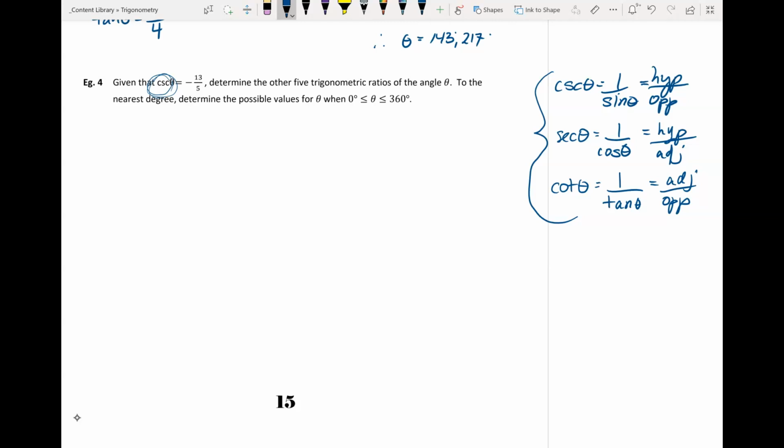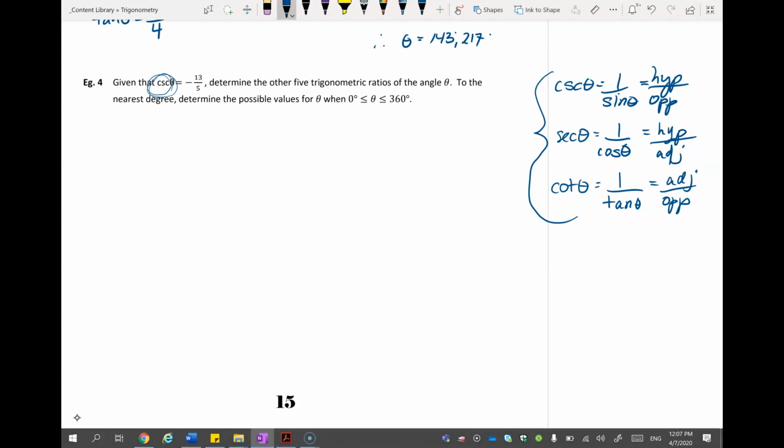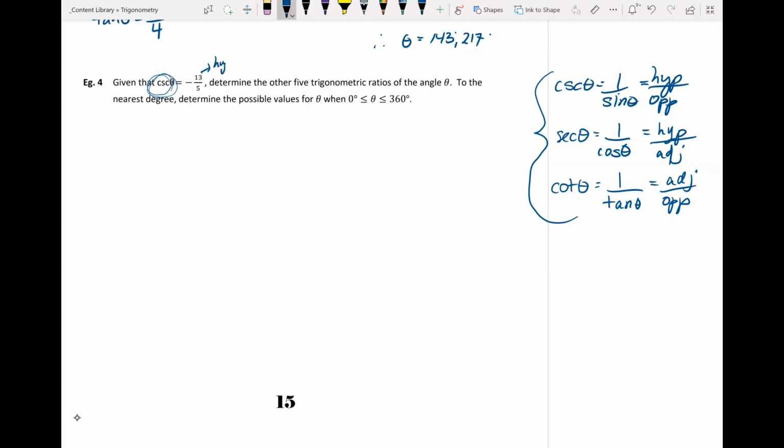Cosecant theta is also positive in quadrant 2, which means that it's negative in quadrants 3 and 4. Now this side here is our hypotenuse, and this side here is our opposite, according to our rule about cosecant theta. So we know what the hypotenuse and the opposite are, we don't know what the adjacent is at first.